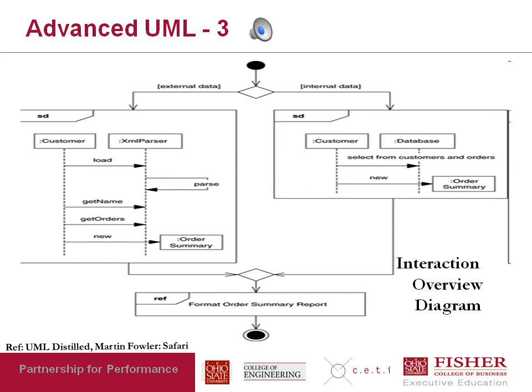So the nodes within the diagrams are not normal activities that you would see in an activity diagram, but actually what are called frames. And within these frames, you can have the other diagrams that are used to capture dynamic behavior, such as sequence diagrams, collaboration or communication diagrams, state diagrams, and also additional interaction overview diagrams.